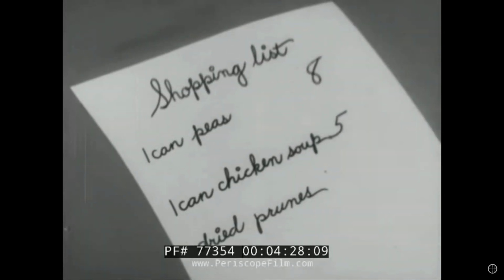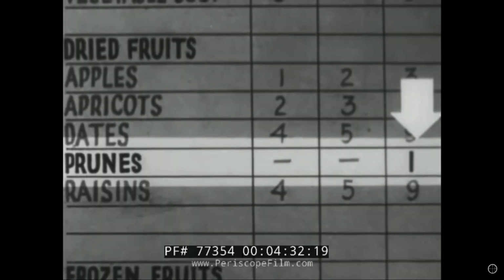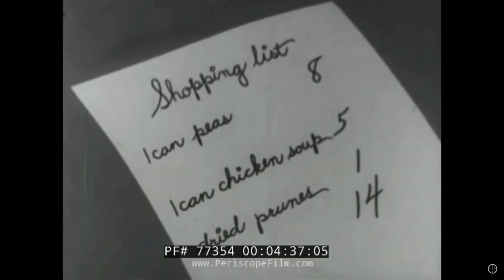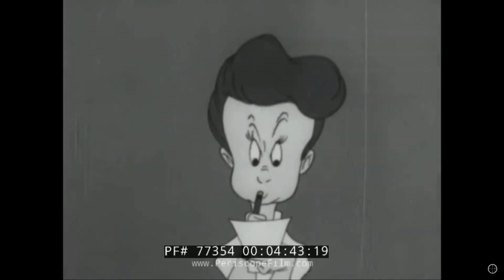And she wants some dried prunes. No, I guess no one wants prunes. Well, there's our list complete, and all that remains to be done is to tear out 14 points in stamps and pay the grocer. But wait just a minute.